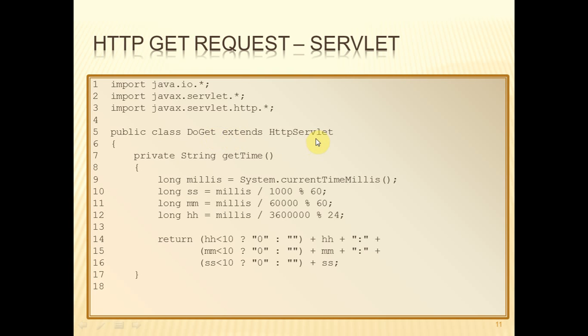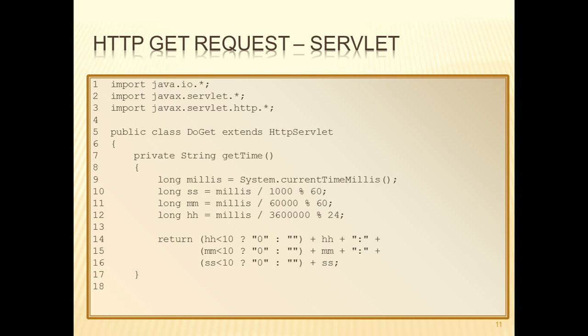It extends HttpServlet as we had before. We've got a private method here called getTime that returns a string. The way it works on line 9 is to get from the system the current time as a number of milliseconds. The way this works is that every date is calculated as a number of milliseconds since midnight on the 1st of January 1970.